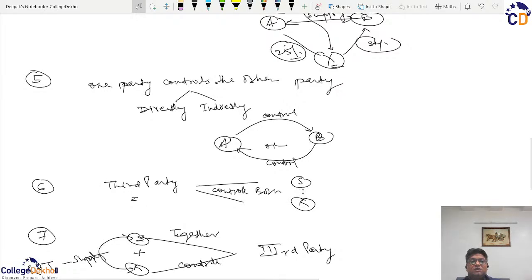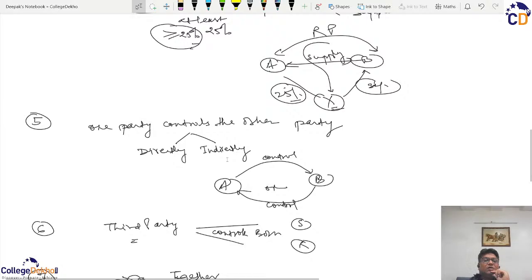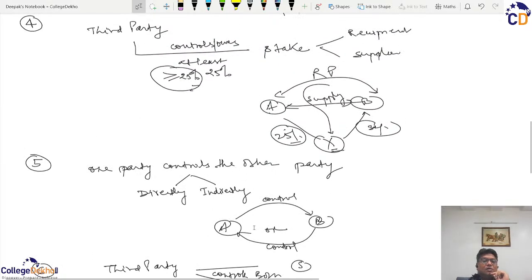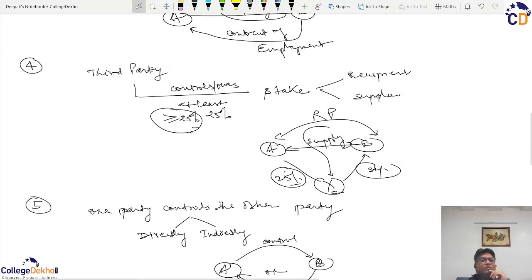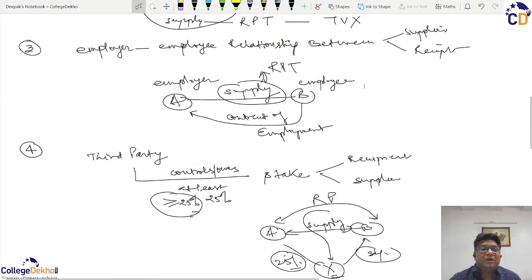this two party, supplier and recipient, will be deemed as related party. Similarly, when one party, that is the supplier, controls the recipient or the recipient controls the supplier, then they will be termed as related party. Similarly, if a common party has at least 25% ownership, though there is no absolute control, but the third party has at least 25% ownership in both the supplier and the recipient, then these supplier and recipient will be deemed as the related parties.